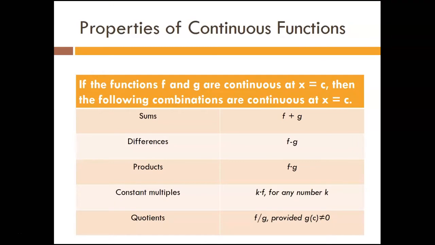Continuous functions take on properties just like algebraic functions. If the functions f and g are continuous initially, then the following combinations of those functions will remain continuous at different points. So if f and g are continuous, you can add them, subtract them, multiply them by a constant, or divide them, and their continuity will remain unchanged.